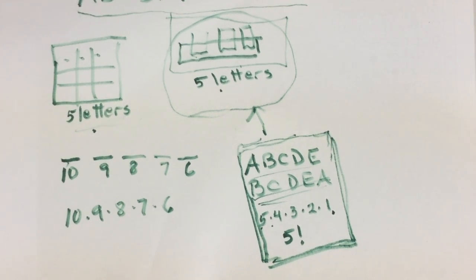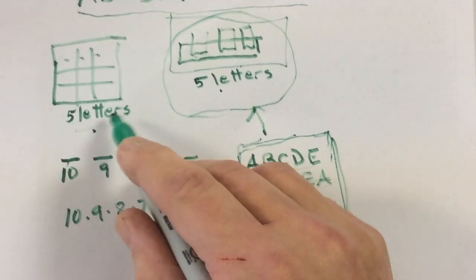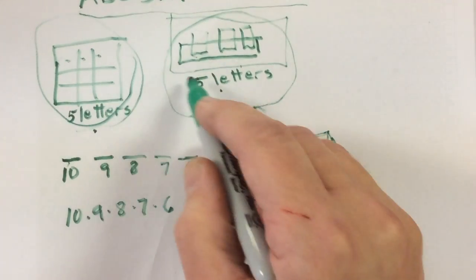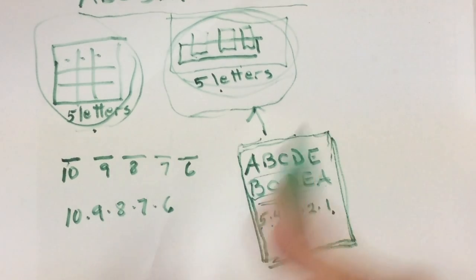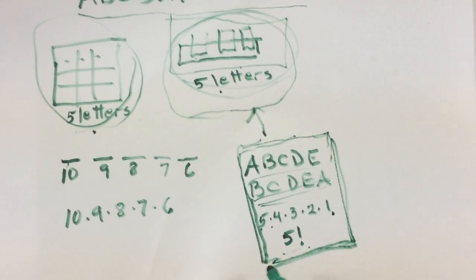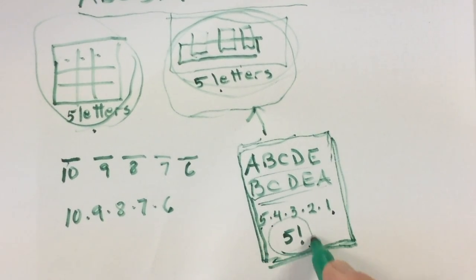It means every 5-letter combination I have overcounted by 5 factorial. There are far more of these than there are of these. And in fact, we can say exactly what the magnitude of the difference is.